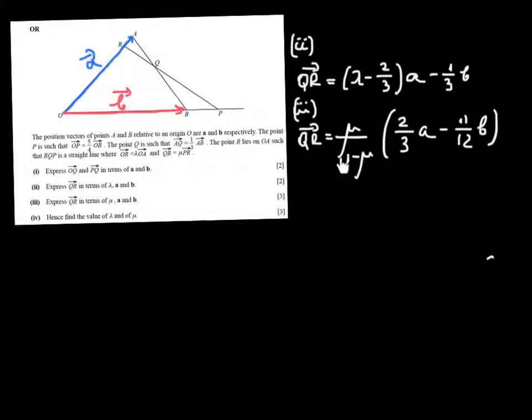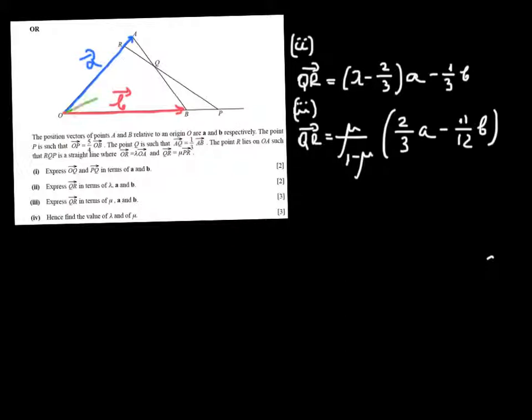This one is the correct representation. So going back to question 4, we have QR represented in two different ways, and in both ways it is decomposed on the vectors A and B. Vectors A and B act like bases for the set of vectors in the plane.